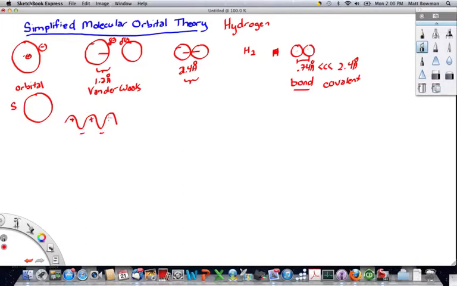Positive, negative, positive, negative, and so on. This has nothing whatsoever to do with charge. Electrons are always negatively charged. This phase only has to do with the phase of the electron as it currently is.